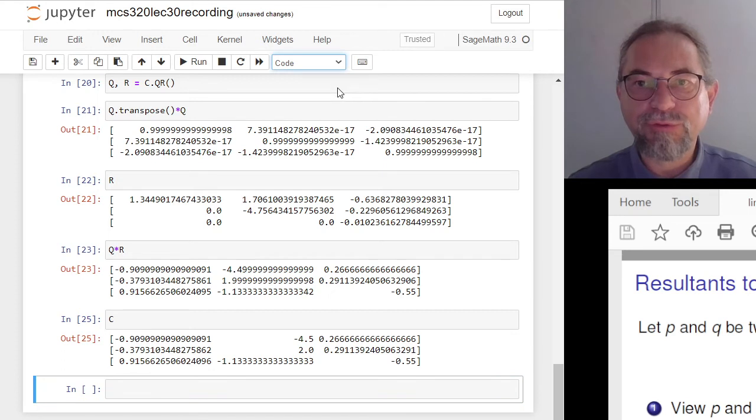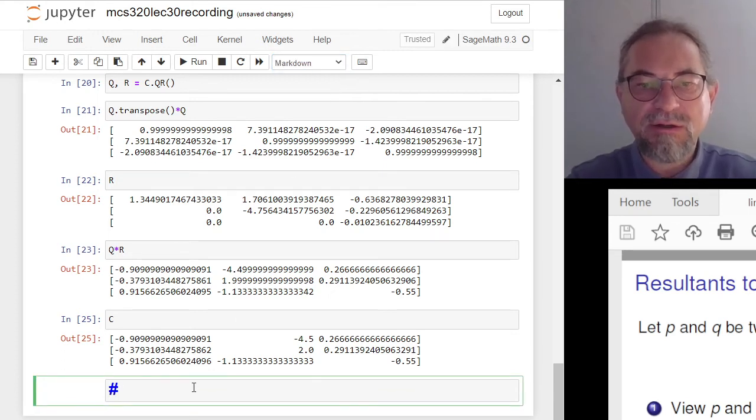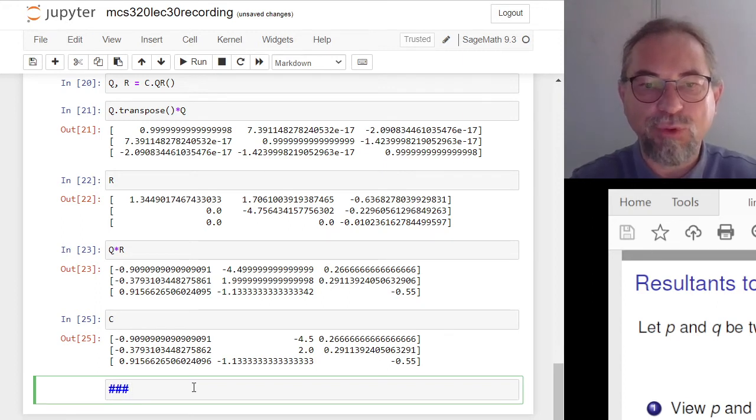Which one to choose? Well, if you are interested in numerical stability, then the QR factorization is preferred. That's also most likely the reason why we have to transform our rational matrix to floating point numbers. So the third decomposition is the eigenvalue decomposition.